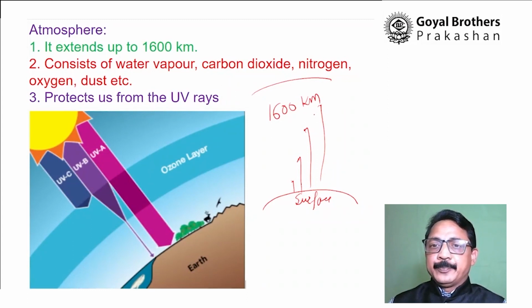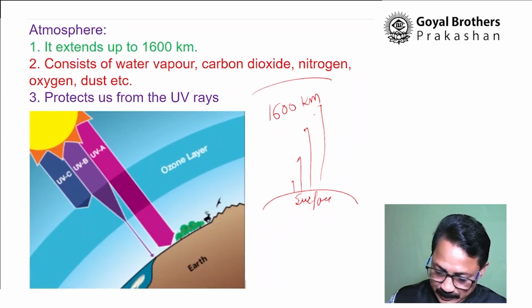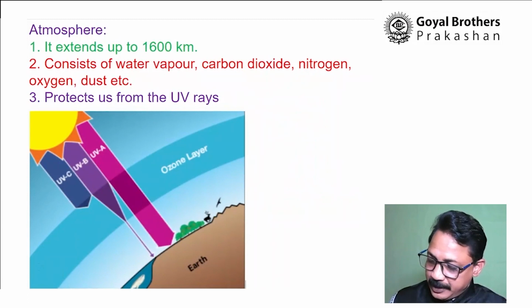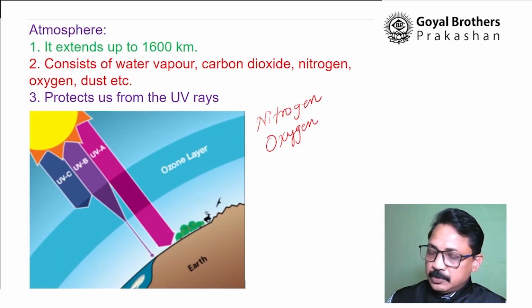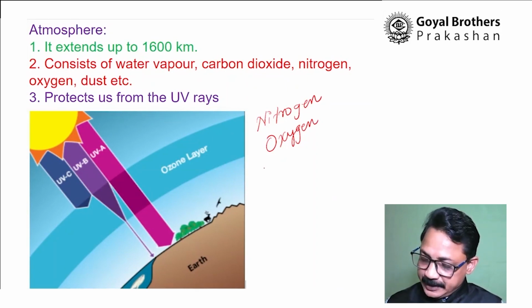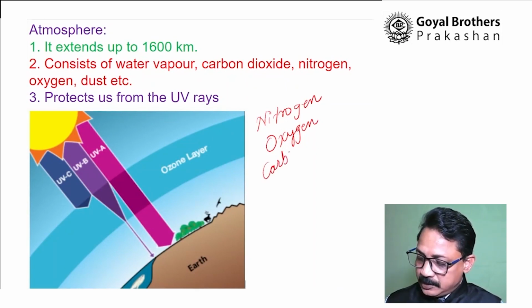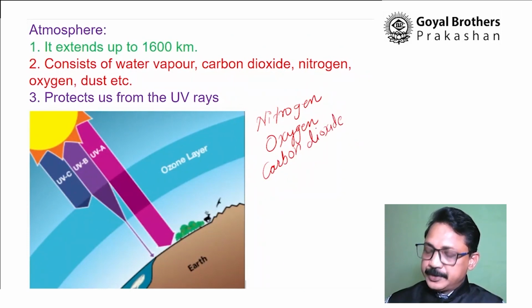This atmosphere of Earth consists of extremely important gases called nitrogen. Second most important gas present is oxygen. Third most important gas present in atmosphere is carbon dioxide, and it also consists of other inert gases.